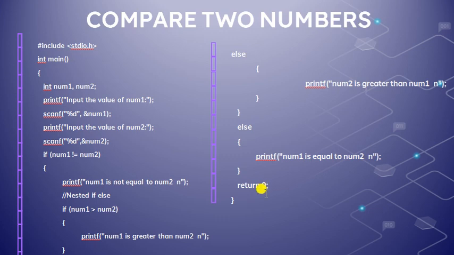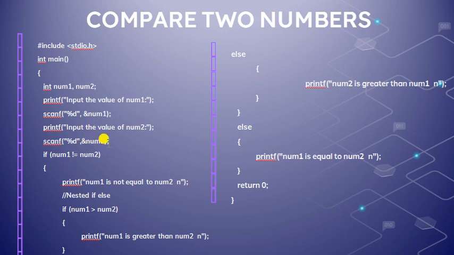So what will be the output of this program? Here we are getting input the value of num1. That will be the output. Then we are entering the value of num1. Then another question will be displayed on the screen, like input the value of num2.